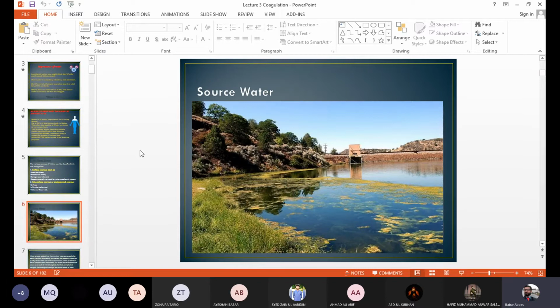A source of water may look like this as well. There might be some organic contamination in that water.